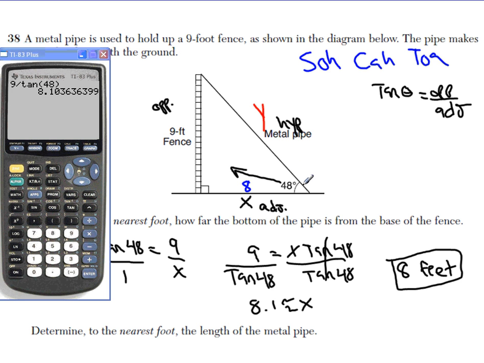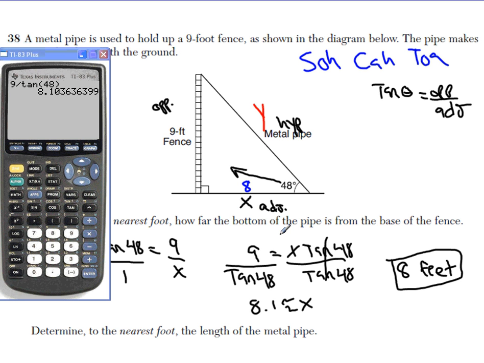I can say the cosine of 48 is equal to the adjacent over the hypotenuse, and I can look for y that way. Or I can use sine and say the sine of 48 degrees is equal to 9 over y, and then I can do it that way. Or I can even use Pythagorean theorem. I can do 8 squared plus 9 squared equals y squared.